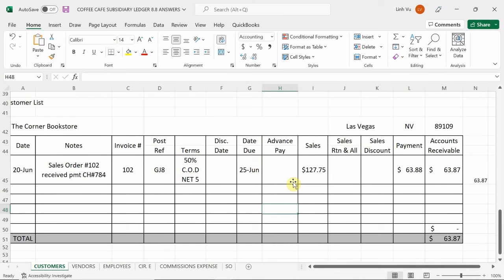What's next? Then we go into our subsidiary ledger. This is the subsidiary ledger. We go to the regular general ledger, right? To update our accounts.